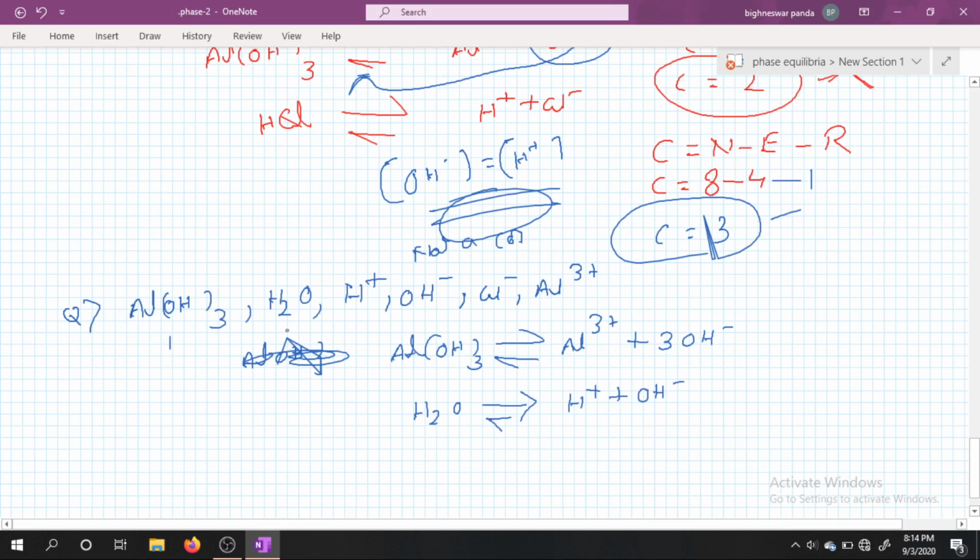How many species: 1, 2, 3, 4, 5, total 6 species are present. So N is equal to 6, minus 2 equilibrium, minus restricted conditions: 1 for ion, 1 for H plus, giving the components.